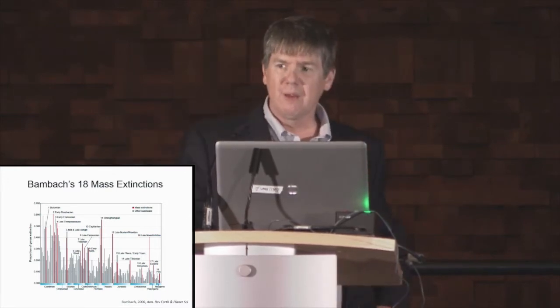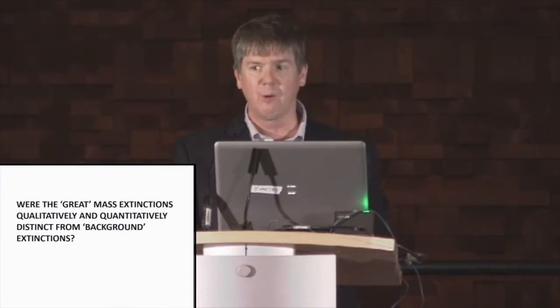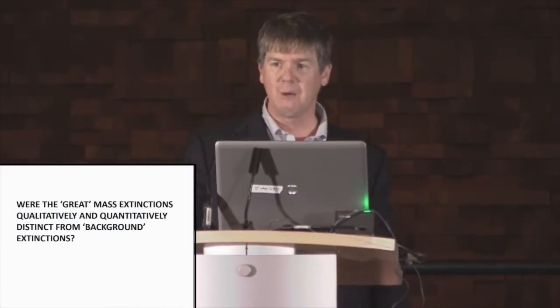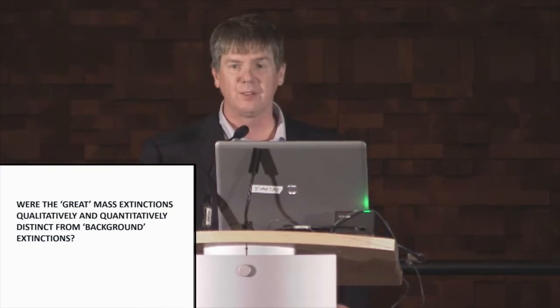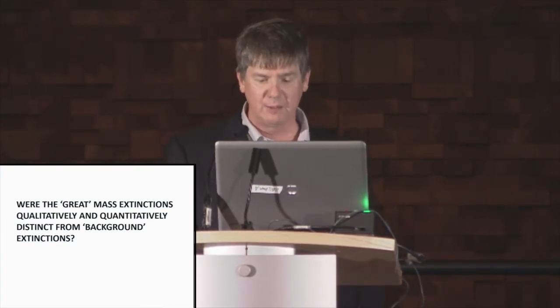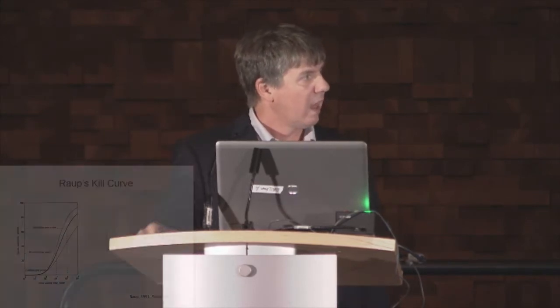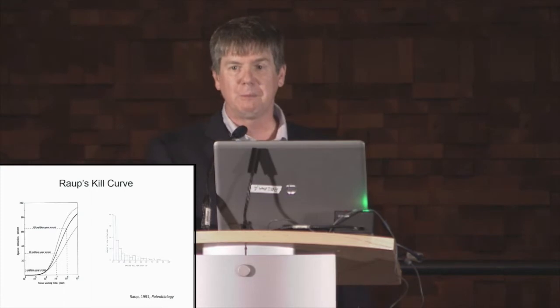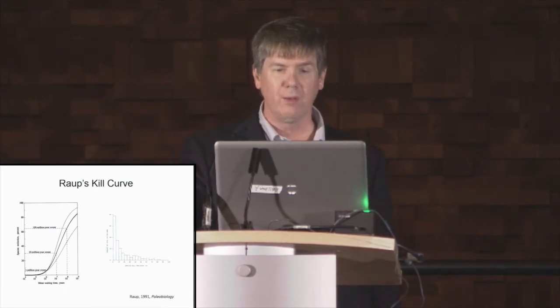And there's another way of looking at this, and this goes back to a question that was initially raised by Dave Raup back in the 1990s, and this is whether or not the great mass extinctions really were qualitatively as well as quantitatively distinct from background extinctions. In 1991, in a paper in Paleobiology, Dave proposed what he called the kill curve.